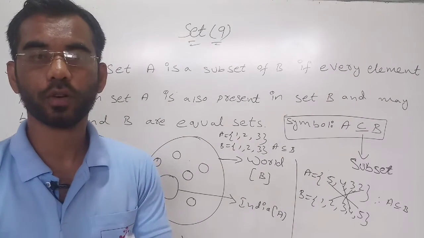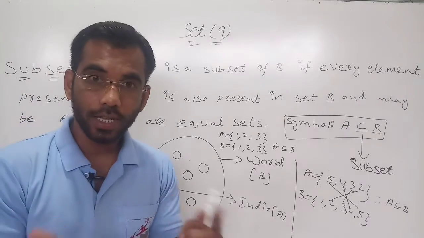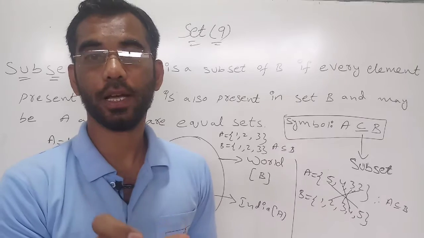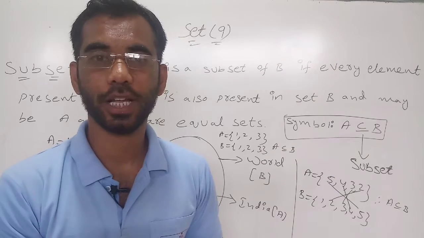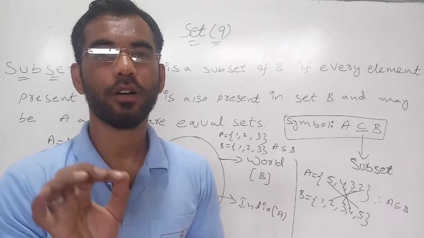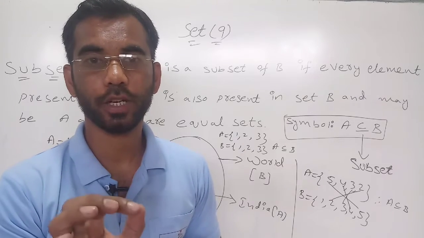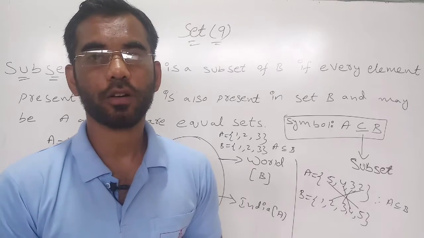And the elements, what you write in the flower brackets, should be small letters or numbers. If you are taking English letters, they should be small letters. If you write a capital letter, then it is not an element, and the set will be wrong.